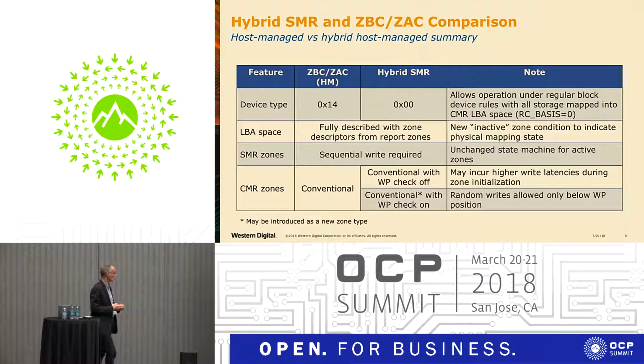And most likely, most of the difference between the two is also going to be centered around how we handle conventional zones, and as I said, we are still discussing this. But we may introduce a new conventional zone type for the case where the host wants to optimize that first initial write pass itself, and also preserve the ZBC-defined conventional zone type to get backward compatibility with ZBC.